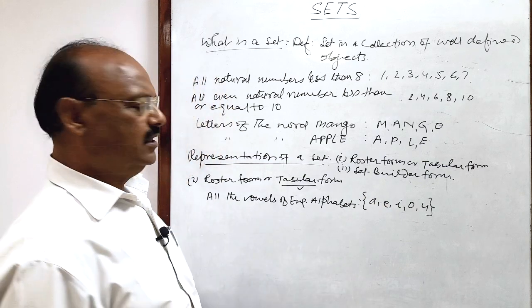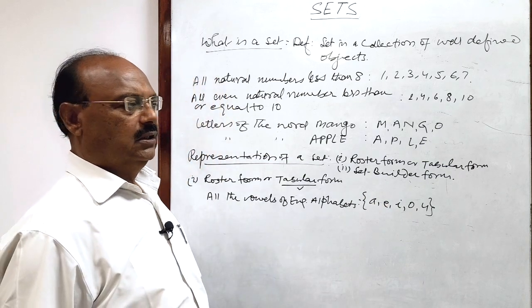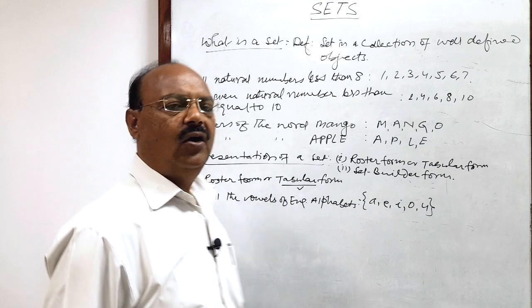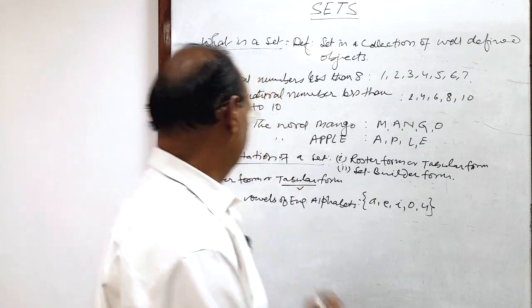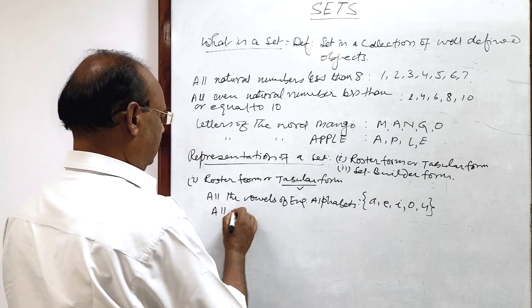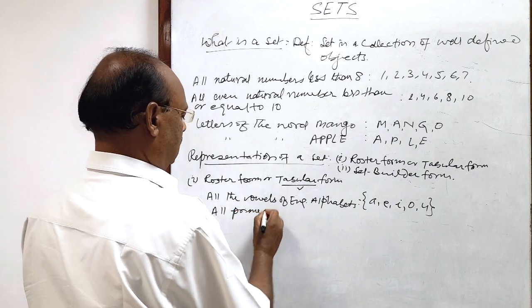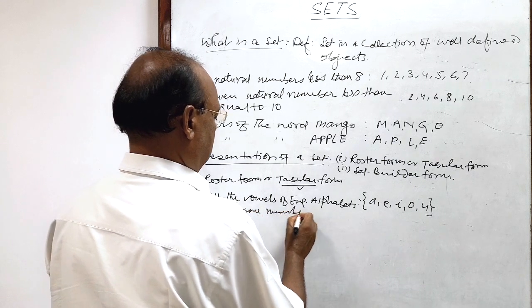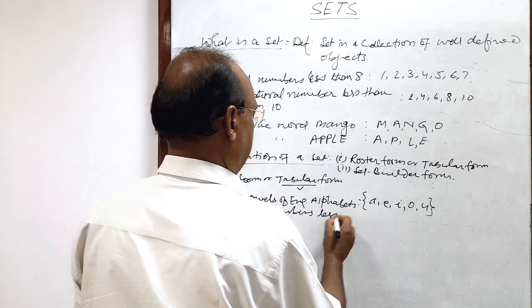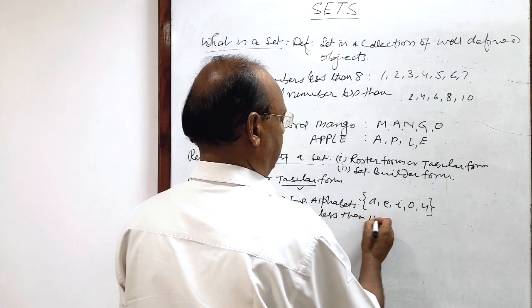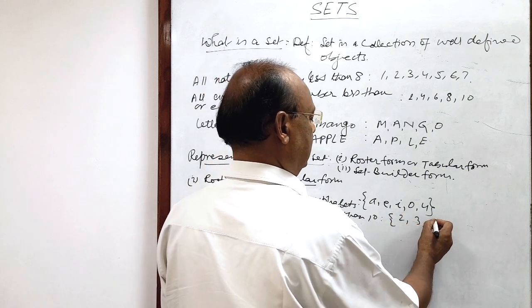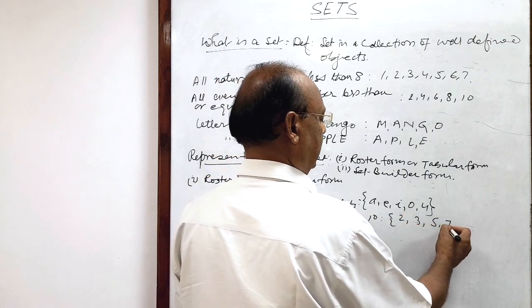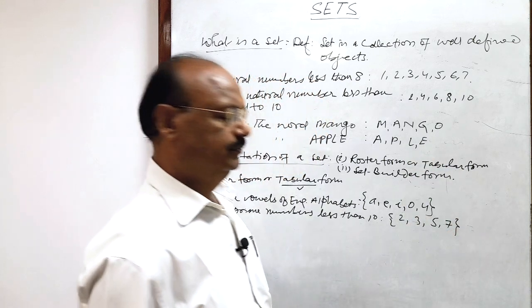Suppose you take another example. Suppose you write all prime numbers less than 10. Set of all prime numbers less than 10. So this will be 2, 3, 5 and 7.